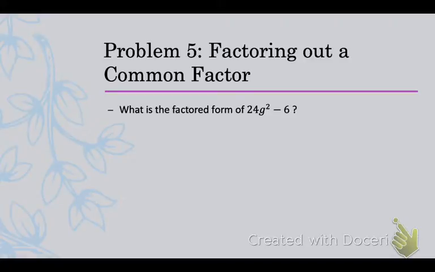All right, so again, like always, we try our best to factor out a common factor if we can. So if we look at this, we can factor out a 6. So I'm going to start with factoring out a 6. And that leaves me with 4g squared minus 1.